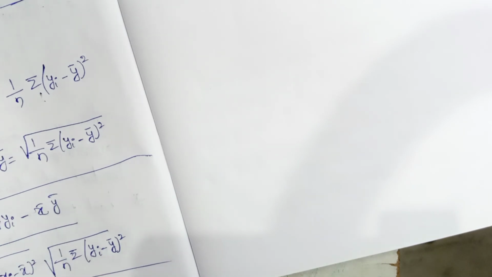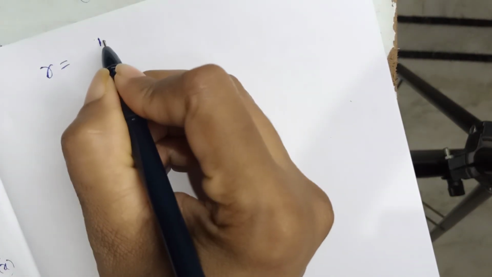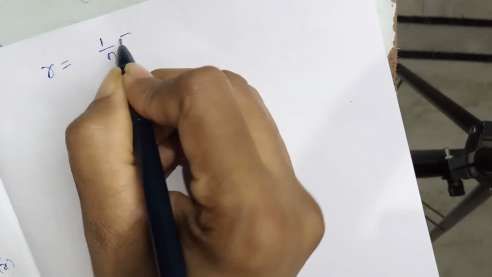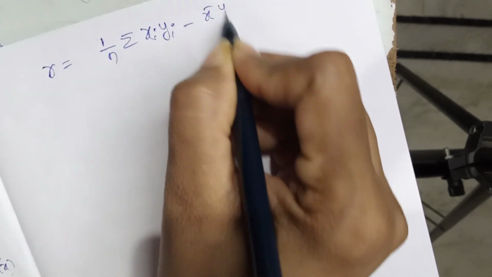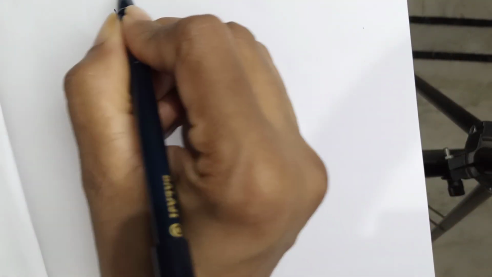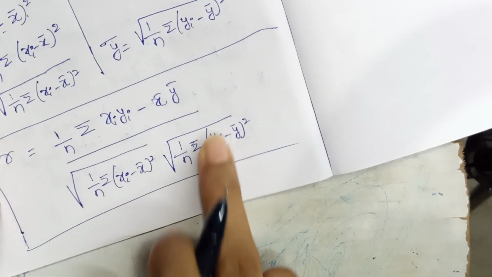Here we are having 1 by n, 1 by n, no? So we can write in a single term, or else you can leave like that only. 1 by n summation xi yi minus x bar y bar whole by square root of here 1 by n, here 1 by n, 1 by n.